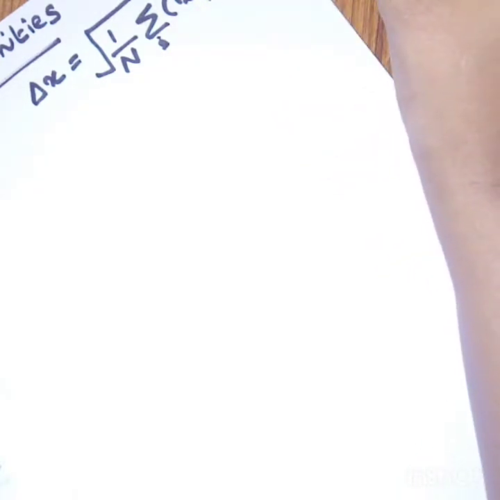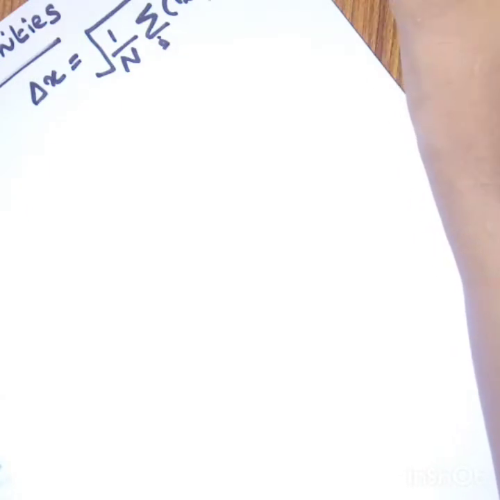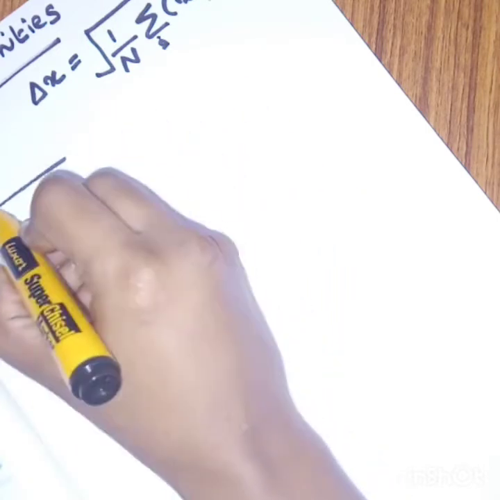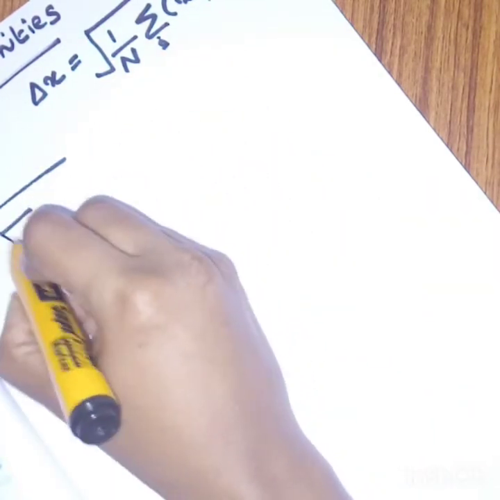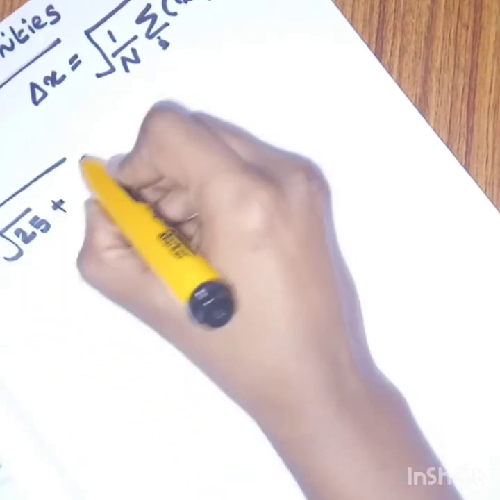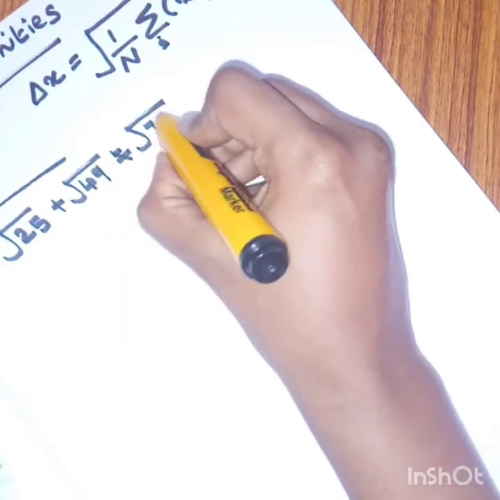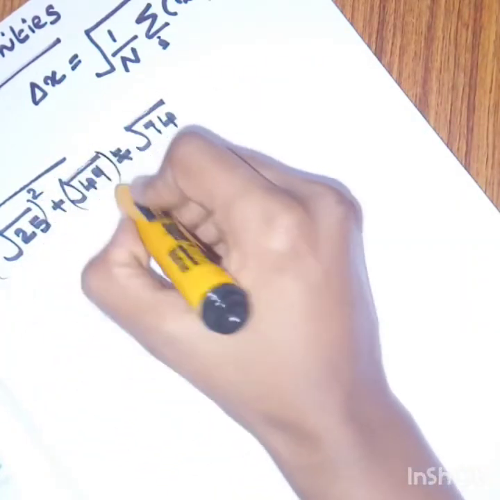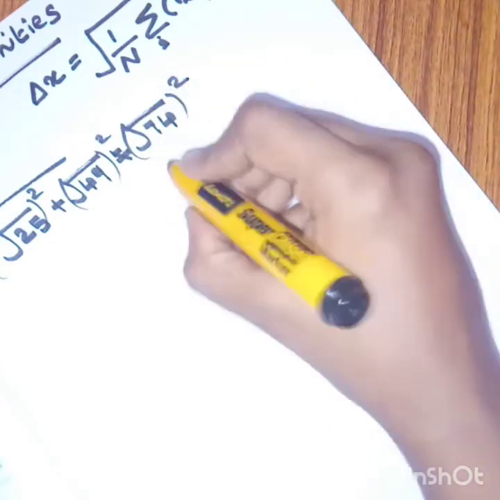Okay. We know that we can't add square roots. That means we can't add root 25 plus root 49, which is not equal to root 74. But square each term, then it is correct.